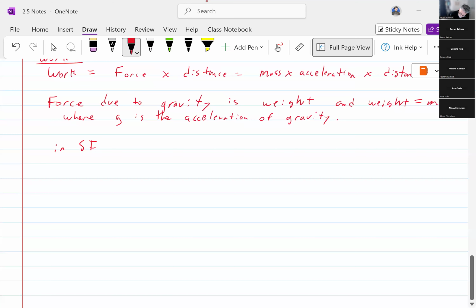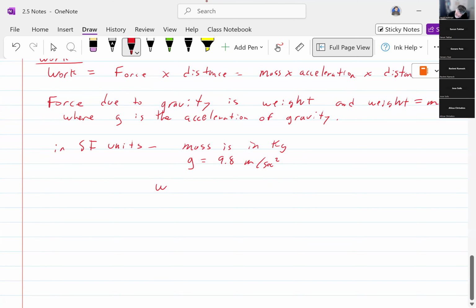In SI units, mass is in kilograms, and g is roughly 9.8 meters per second squared.